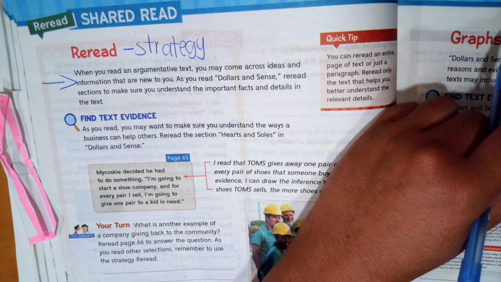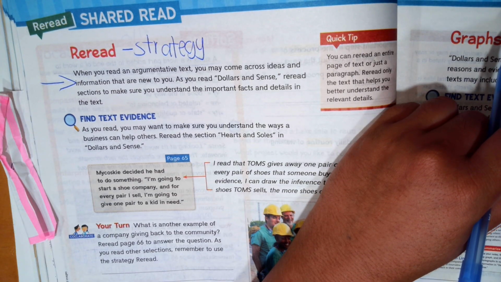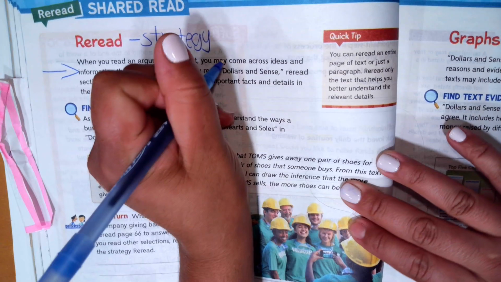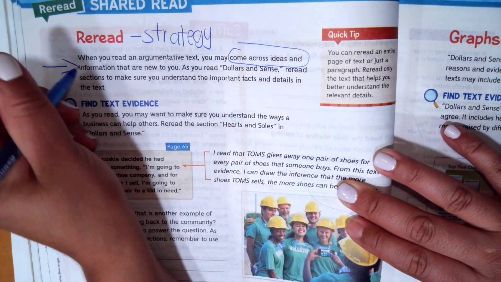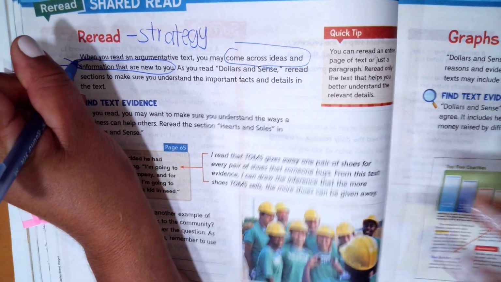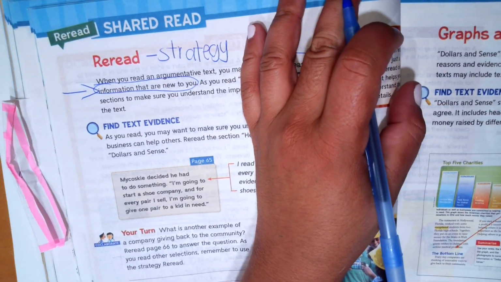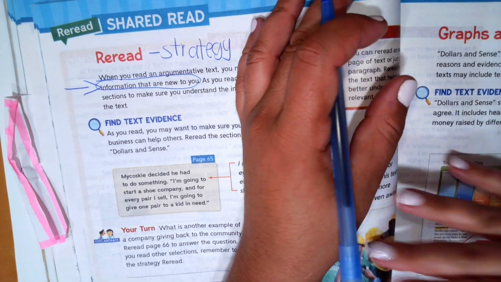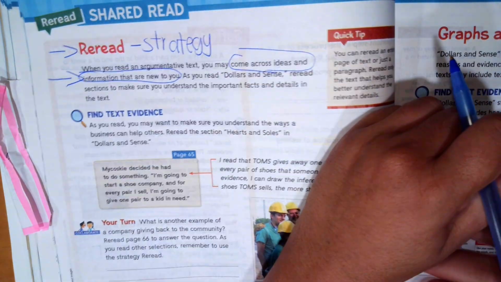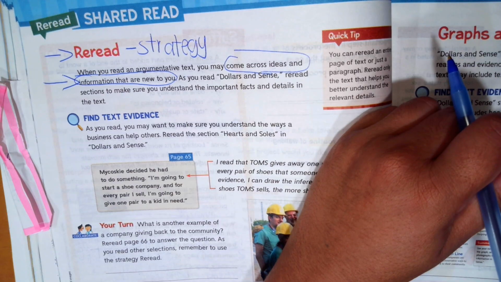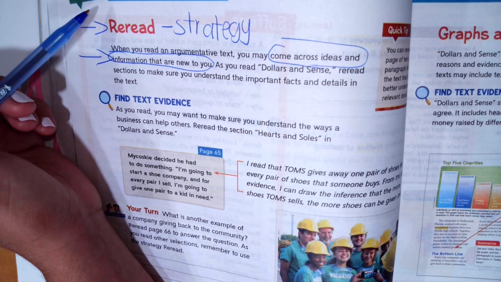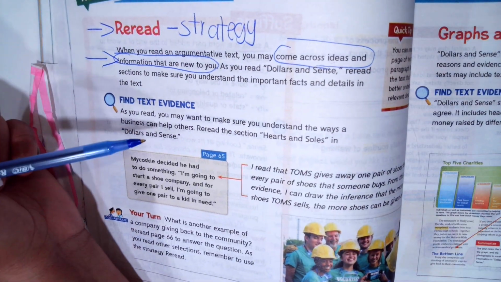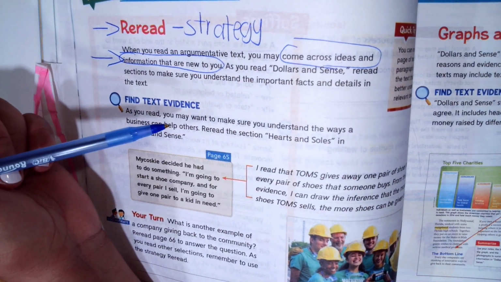As you read Dollars and Cents, reread sections to make sure you understand the important facts and details in the text. So this is very important as you come across ideas and information that are new to you. If we know that this is a topic that is new to us, then we have to reread. Even though we understand the story, it's still a good idea to reread.